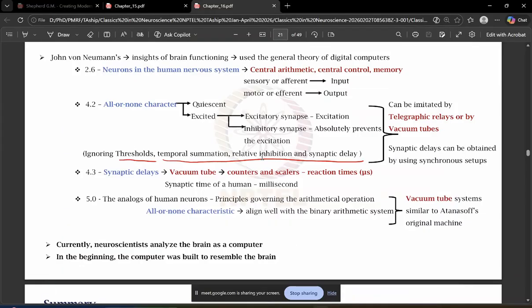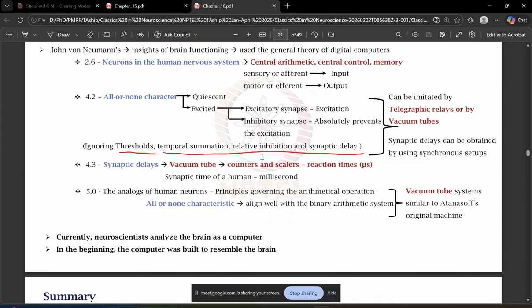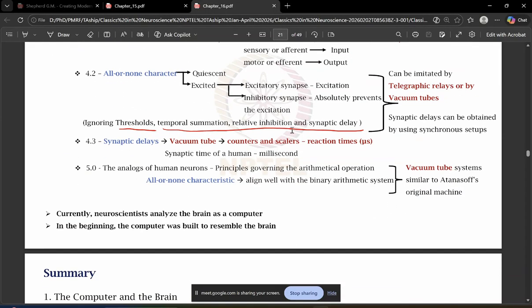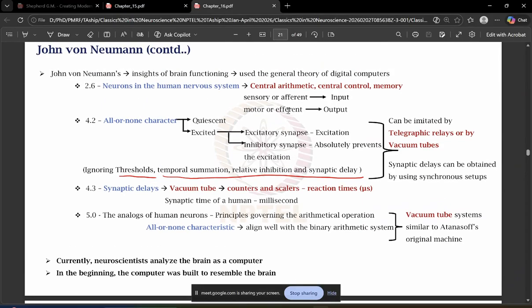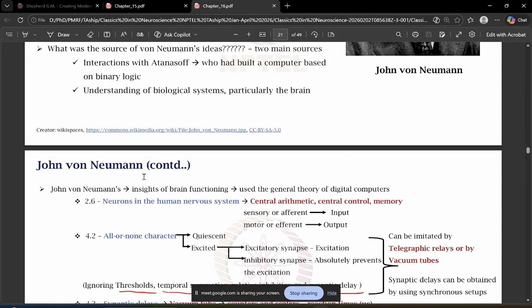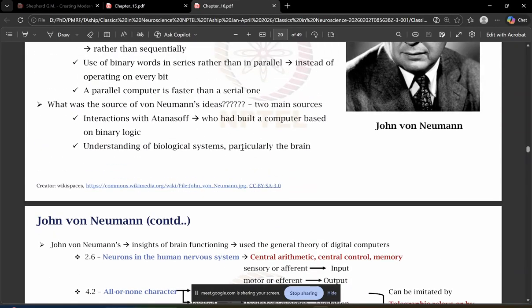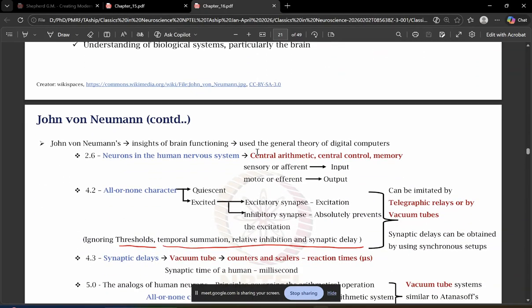We also have to discuss, like we discussed, that he used his ideas about how brains and neurons work to come up with theories for how a digital computer should work and what components it should have.